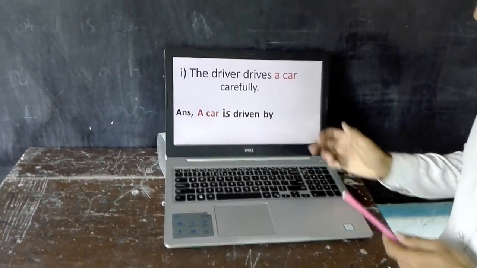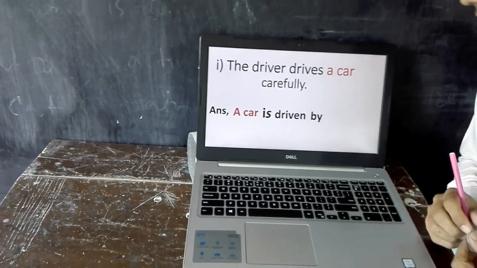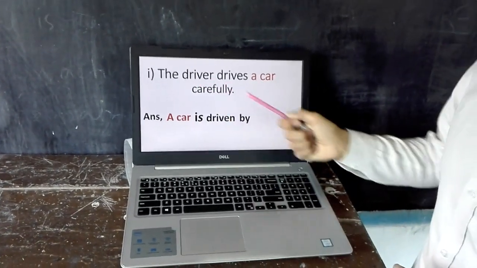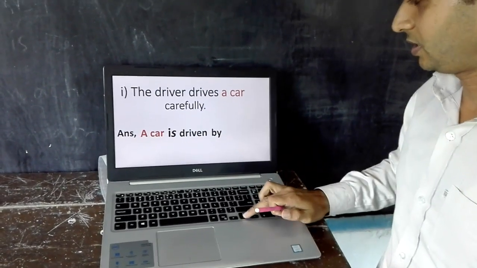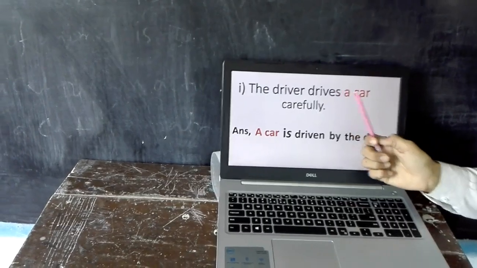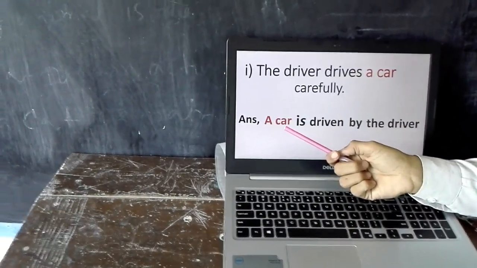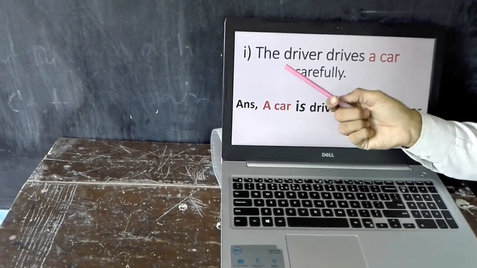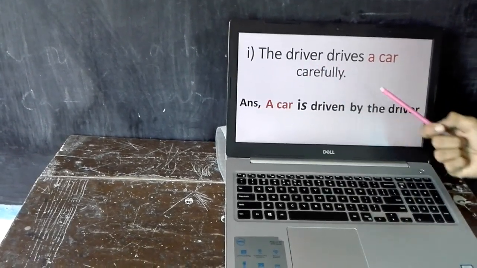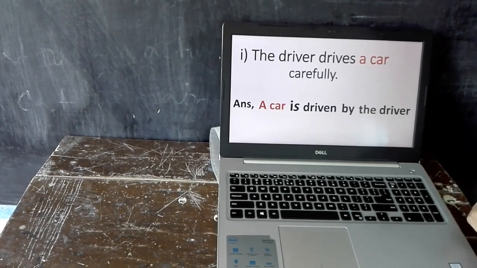And after the preposition by, we should write the subject of active voice as the object. Students, remember, the object of active voice becomes the subject of passive voice, and the subject of active voice becomes the object of passive voice. These are the rules.